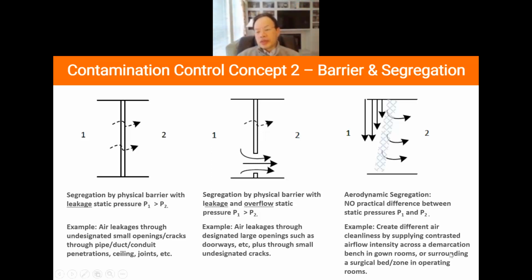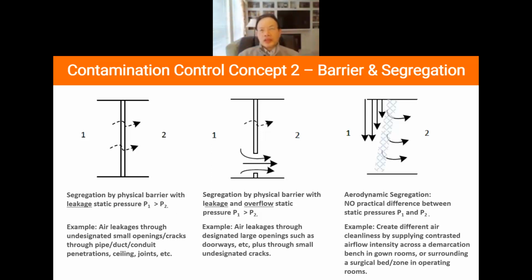Another example is the zone surrounding a surgical bed in operating rooms. Above the surgical bed, you have almost 100% HEPA filter coverage, and in the surrounding area, on the perimeter of the room, you have less HEPA filter.